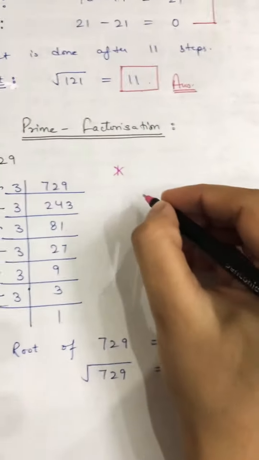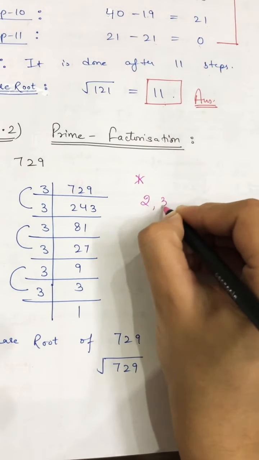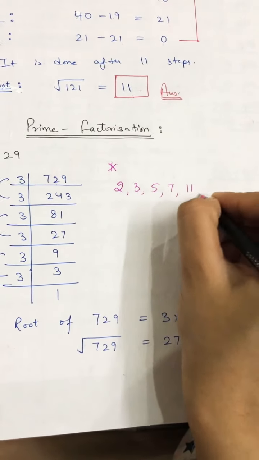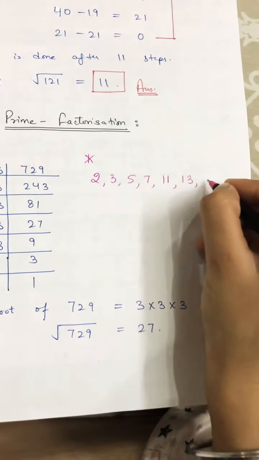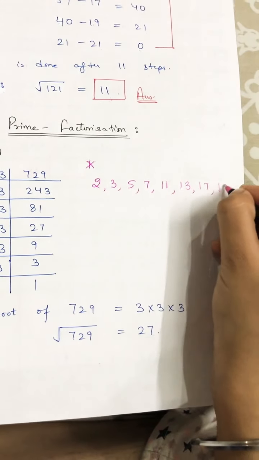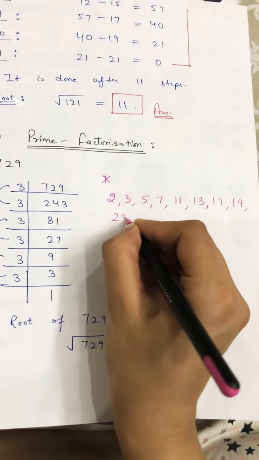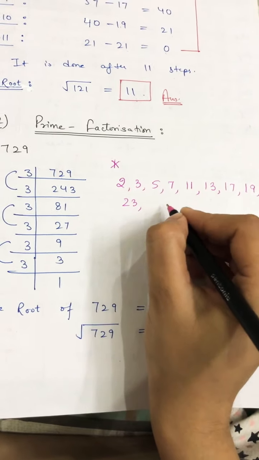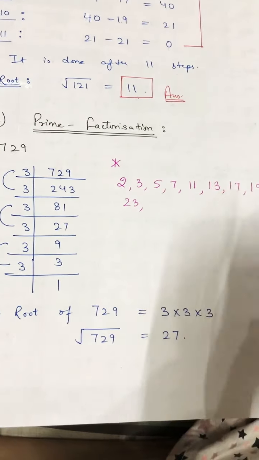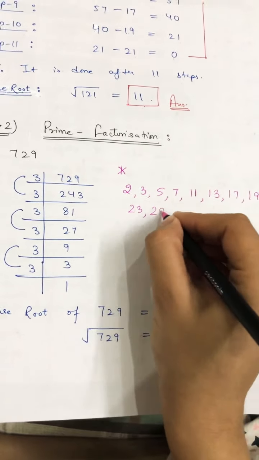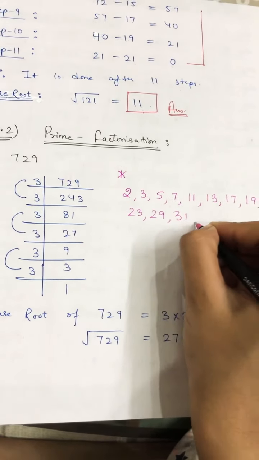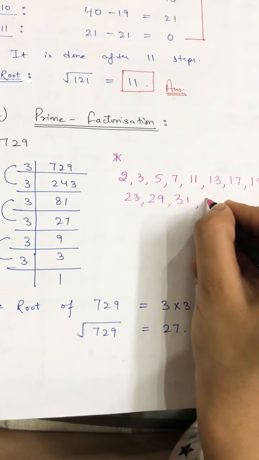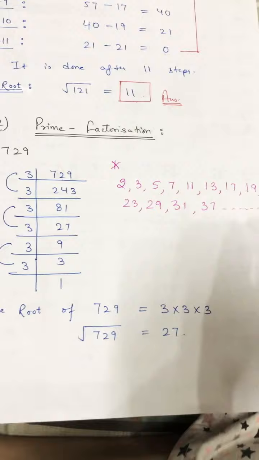You have to start your LCM always with prime numbers: 2, 3, 5, 7, not 9, 11, 13, 17, 19, 23, then 29, then 31, then not 33, not 35, not 36, 37, in this way.